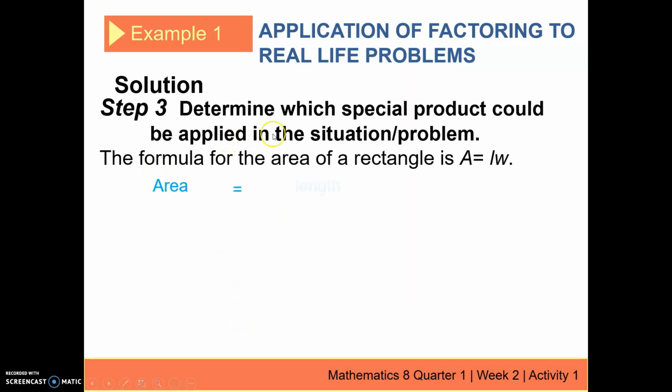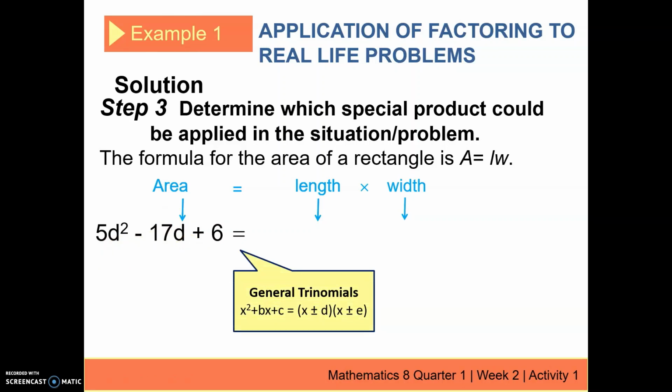The third step is to determine which special product could be applied in the situational problem. Now, recalling the area of the rectangle, which is A equals length times width, the area is 5d squared minus 17d plus 6.